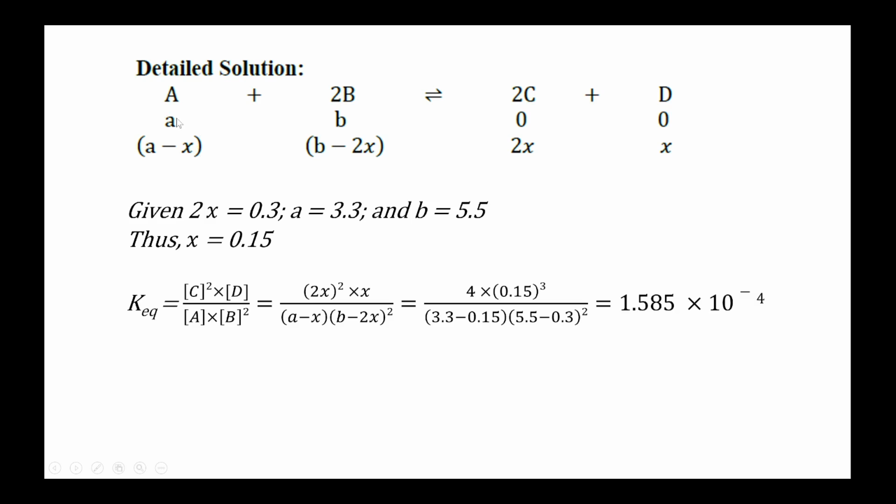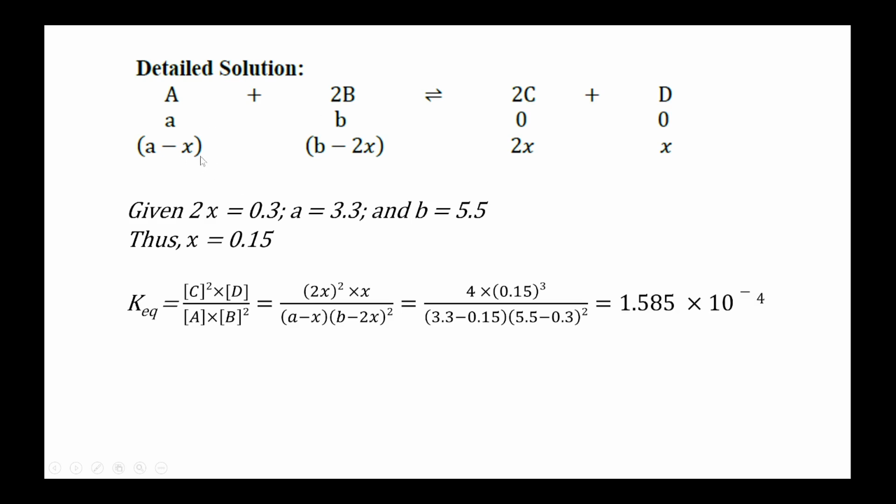So A minus x would be the concentration of the first reactant. The second reactant is 2B. The stoichiometric coefficient is 2. So if x moles of A are consumed, then 2x moles of B will be consumed, because for each mole of A, we need 2 moles of B.